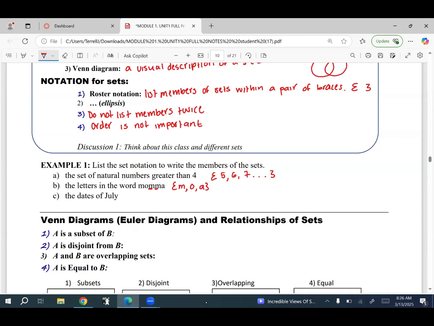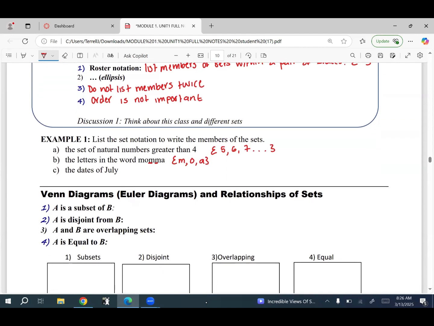The dates of July. July has 31 days. So we would put our brace and list 1, 2, 3, and it's not necessary to write all the numbers up to 31. You can use the dots again and then say it will end at 31.